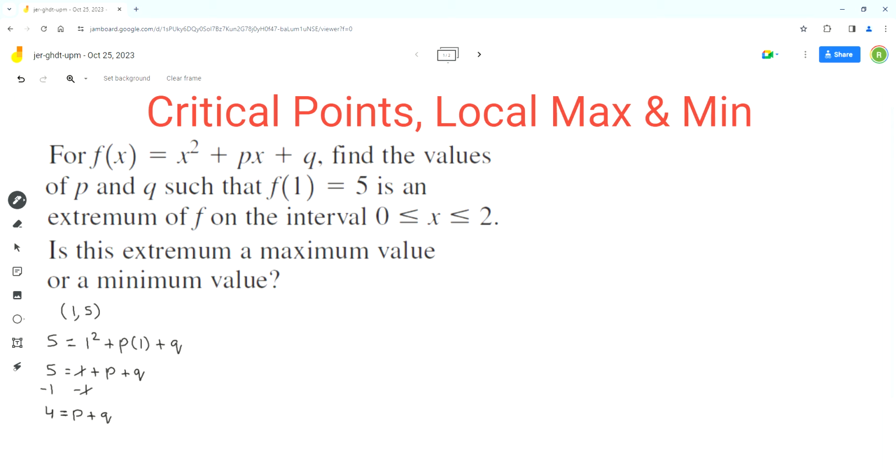Now we are also given that f(1) = 5 is an extremum of f. So extremum means it's either a maximum or minimum point on the function. So that means it's either a peak or a valley in the graph of the function. So that means at that point the tangent is horizontal.